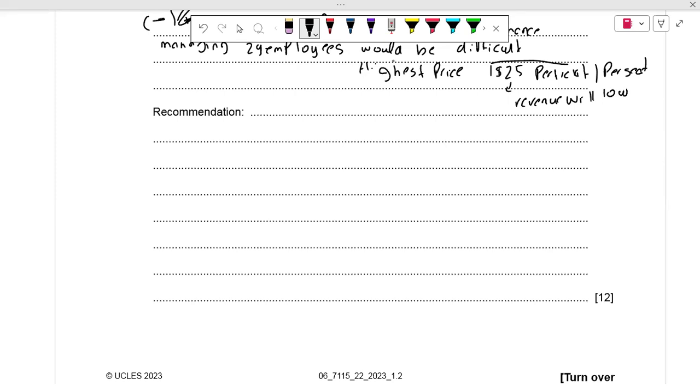Okay, so after that we have to recommend. So we can say that ET should choose option 1. Why? Because in option 1, the theater has the cheapest total cost, which is $1,210 per performance.